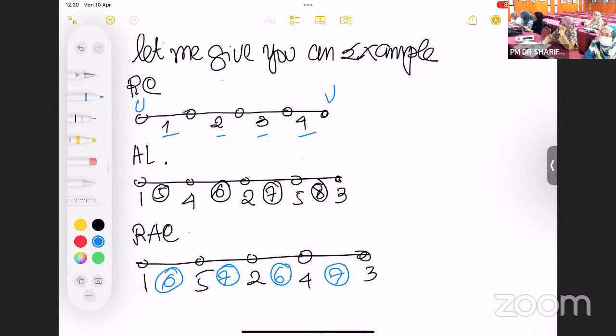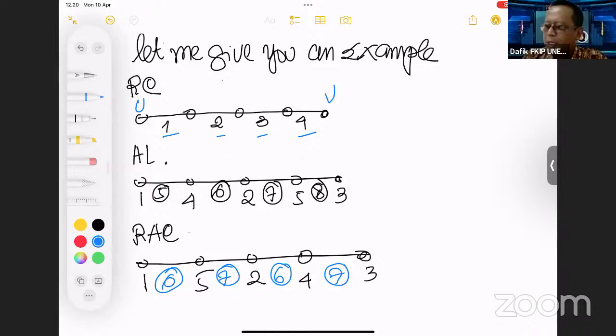Yes, sir. Then for antimagic labeling, you assign labels in whatever way is okay, such that the edge weights of every two adjacent vertices must be different. Look here, 1, 2, 3, and then we start 4, followed by 4, and we have 5.